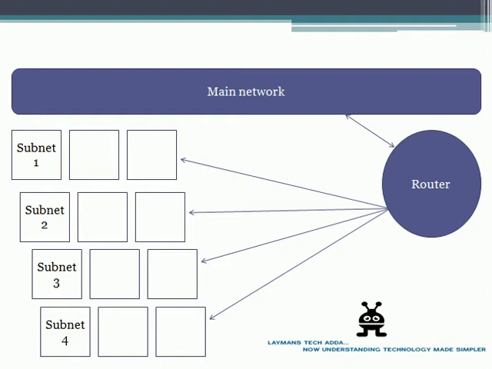So if you want me to be more simple in explanation, let's take an example of a joint family. Nowadays, we don't have joint families much, but if we take an example of a joint family, let's say a joint family of five brothers, and they all live in a big house together.